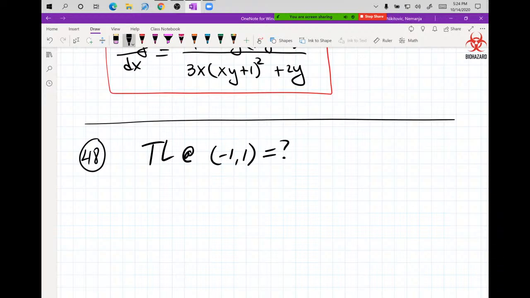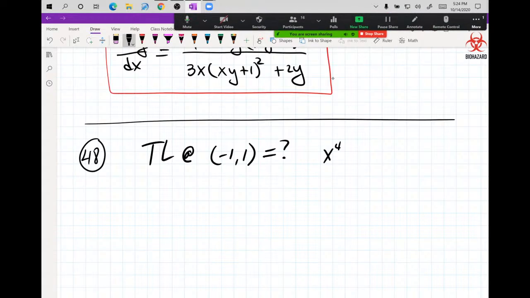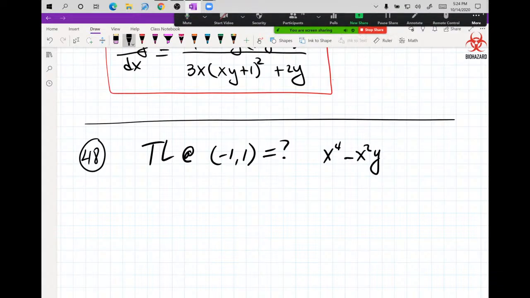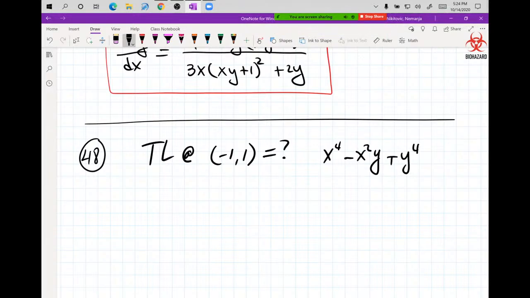That's the question. x to the fourth minus x squared y plus y to the fourth equals 1.